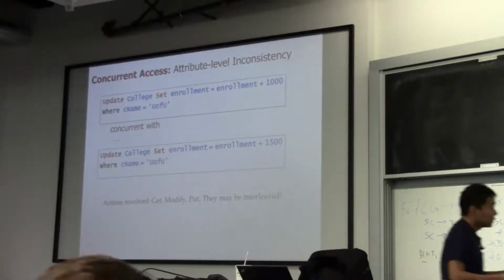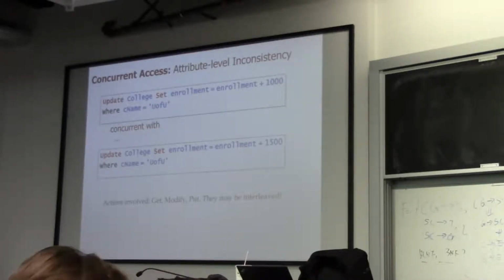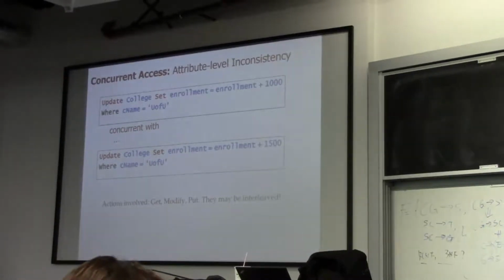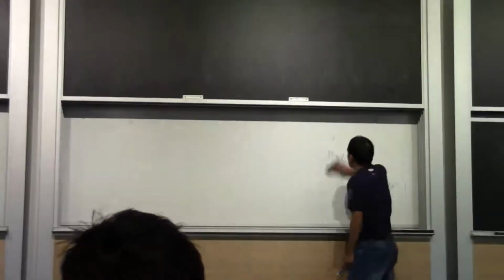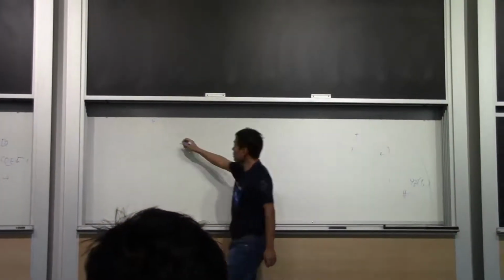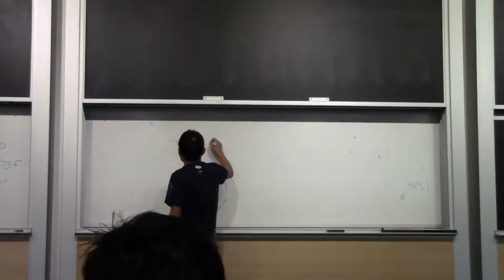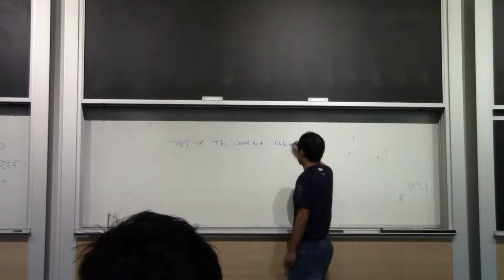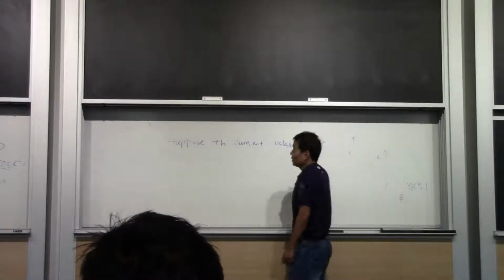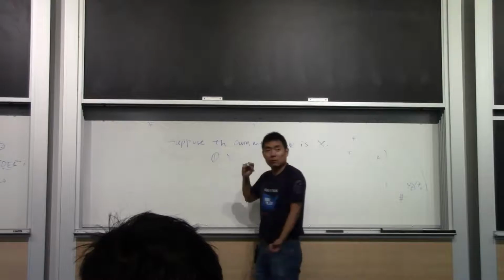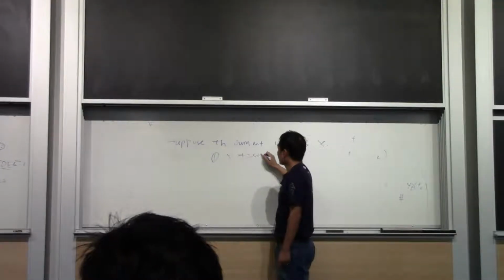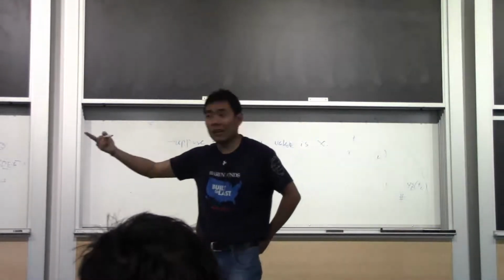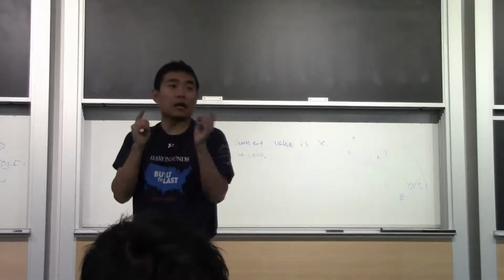You may end up with any one of the following. Suppose the current value of the enrollment is X. You may end up with the correct answer, X plus 2,500, if the database executes the first statement completely before executing the second statement, or the other way around.